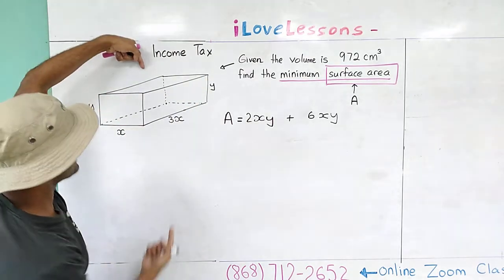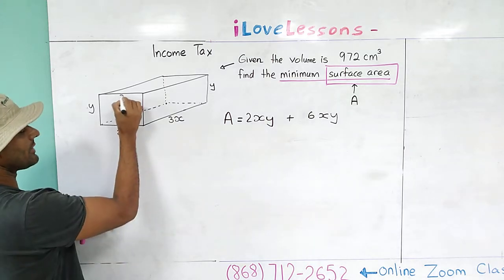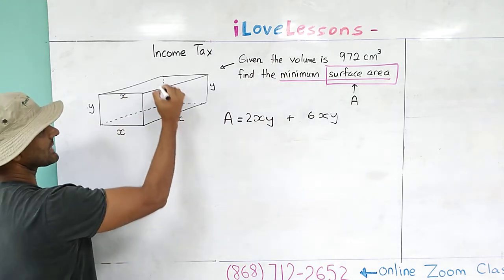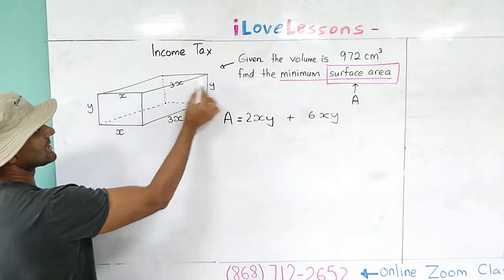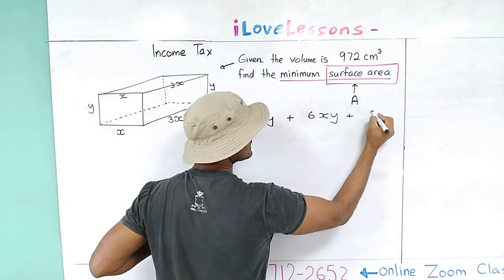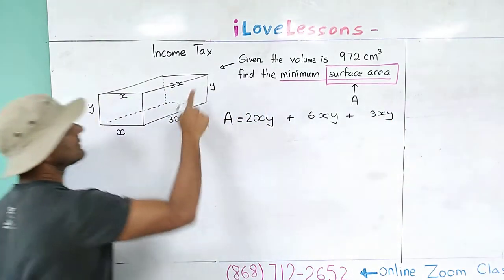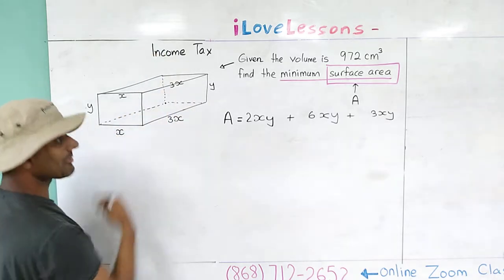Now we have the top and we have the underneath. If here is x, over here is x. If here is 3x, then over here is 3x. Length by breadth. So that's 3xy, but we have one on top and we have one underneath.